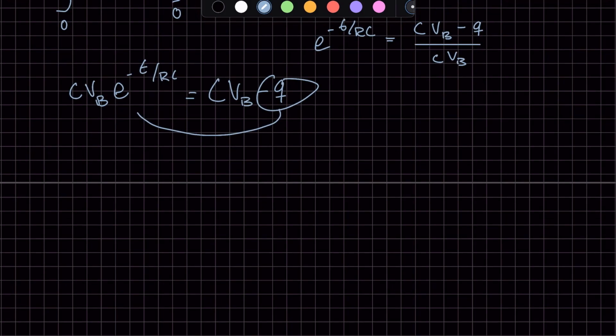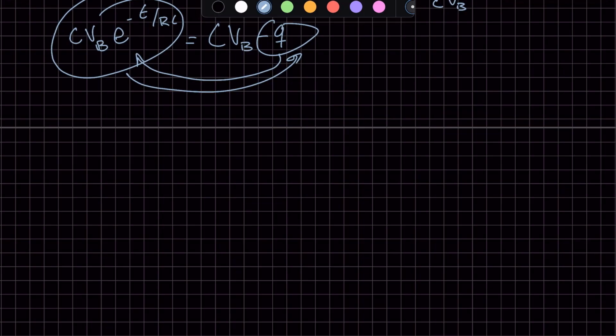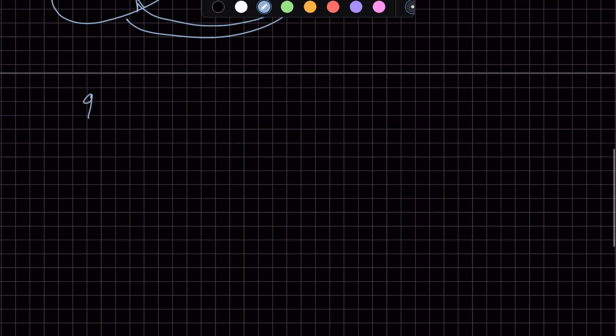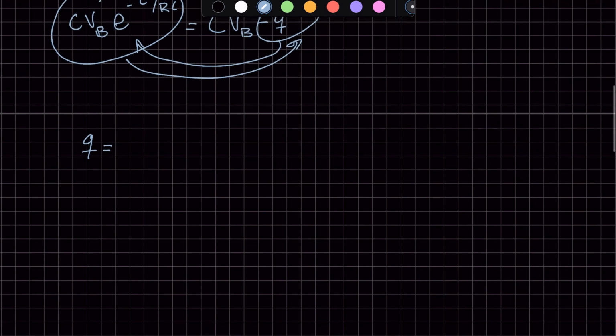I can move the q to this side, and I can move this whole term to the other side by just subtraction. And so we get q is equal to CVB minus CVB e to the negative t over RC.